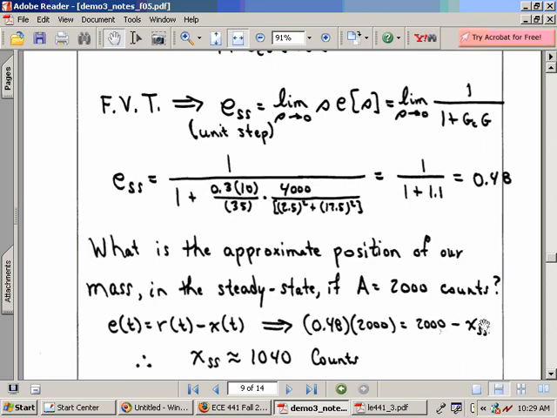We put in 2,000. What is the final position, x steady state? And we see that we're actually only getting about halfway towards our desired final position, getting to an x steady state of 1,000 counts instead of getting to 2,000 counts.